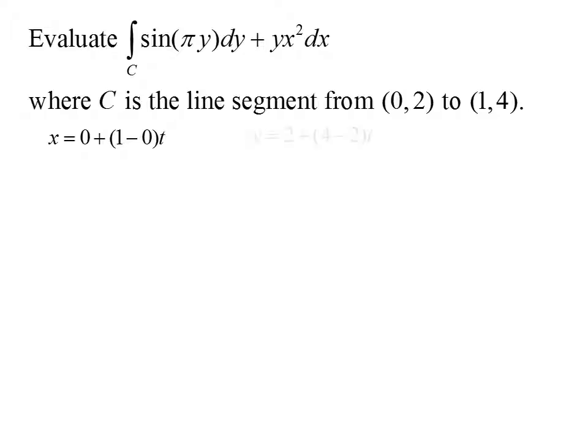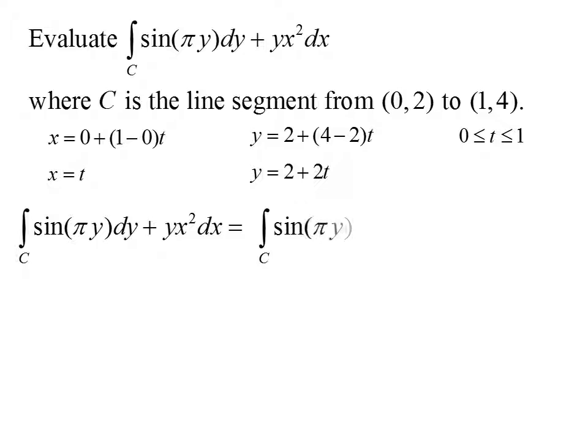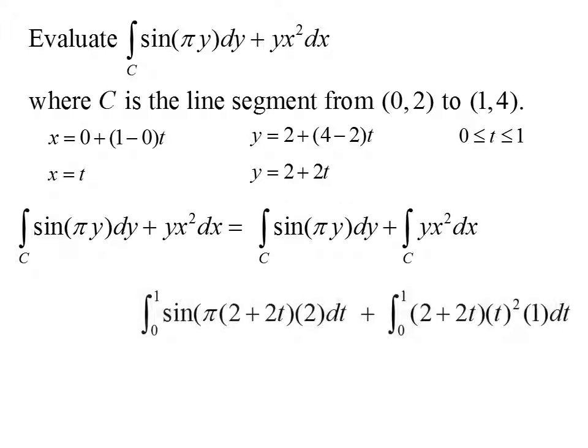And so this would be the usual parameterization for the line segment from (0, 2) to (1, 4). And we substitute all of the x's with a t, all of the y's with 2 plus 2t. We'll replace dx with dt and dy with 2 dt. And then evaluate those.